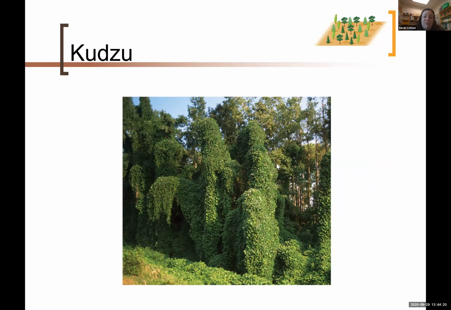Okay, another fun example, this is a plant called kudzu, and kudzu is from Japan, and it's a vine, and kudzu is an example of an intentional introduction. So kudzu was brought over to the US, particularly the southeastern US, so Georgia, like that area, and they brought it over as a solution for erosion control.